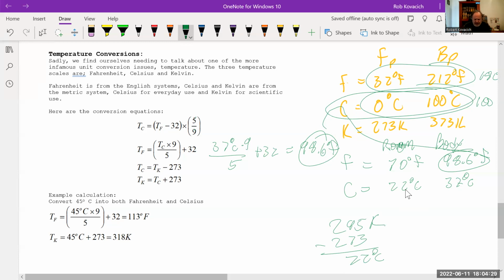Something interesting about the Fahrenheit unit is, why is 32 degrees Fahrenheit the freezing point? Doesn't make any sense. Why does 0 make sense for the freezing point? So the significance of 0 degrees Fahrenheit is about salt. Salt in water, so salty water.